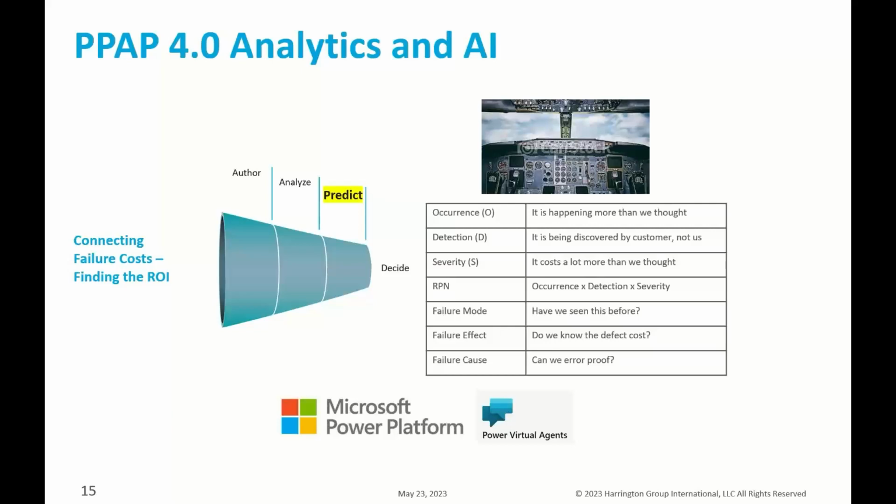So occurrence, we put it as a 1. It hardly ever happens. But when we connected it to the failure cost, it's like, wow, that happened 13 times last week. Detection, we thought we had great detection, but it's being discovered by the customer, not us.